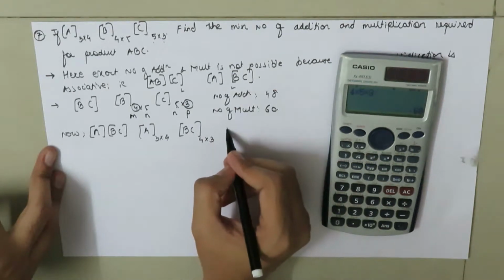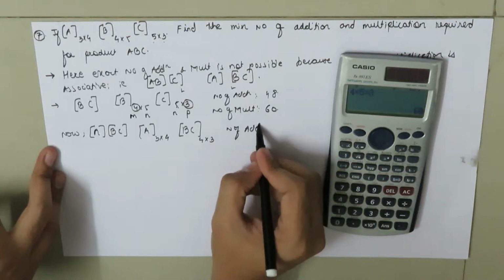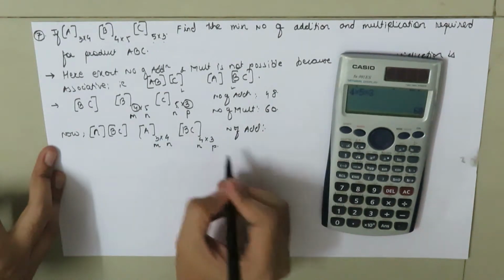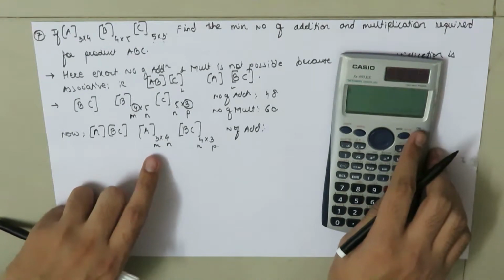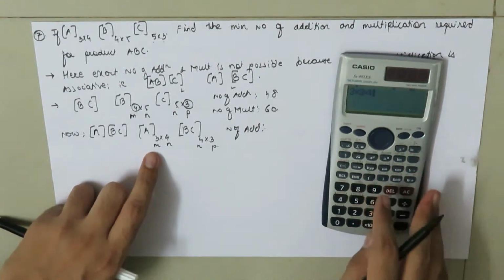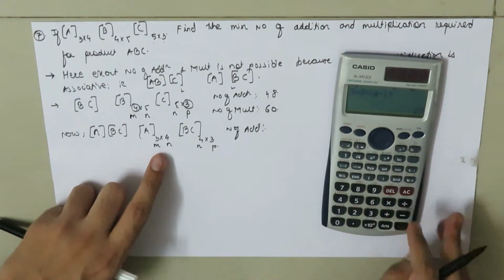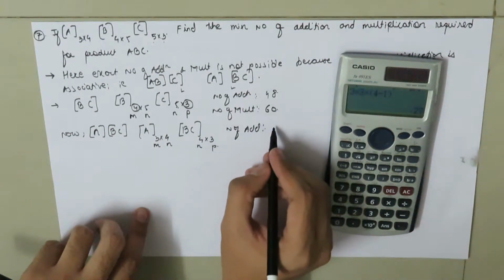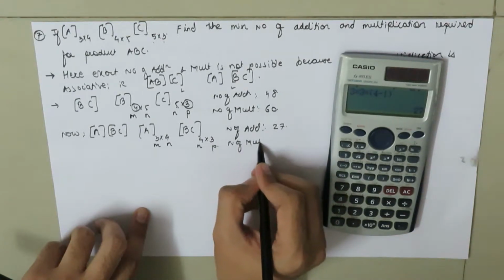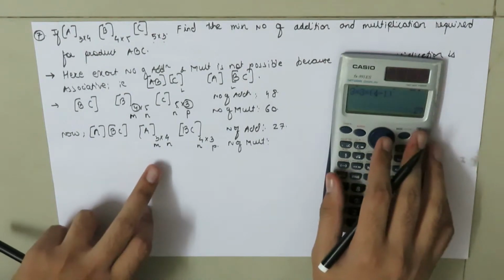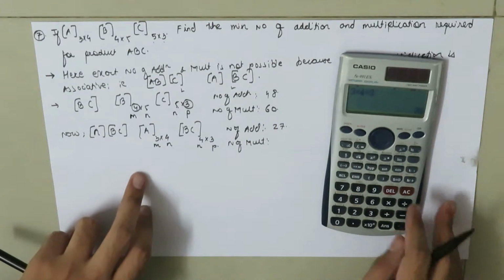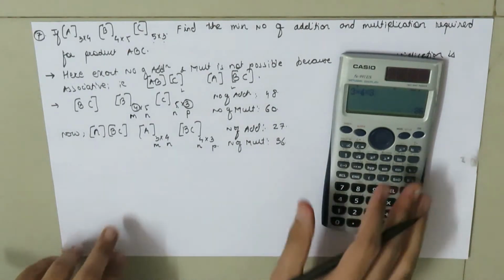So in this case, the number of additions will be equal to, this is m, this is n, this is n, and this is p. So the number of additions will be equal to m into p into n minus 1. So this will be 27, and the number of multiplications will be equal to m into n into p. This will be 36.